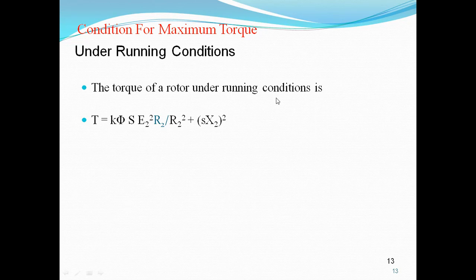What do we have to do to get the maximum? We have to differentiate the torque T with respect to the variable. In this case, what is the variable? S is the variable. Why? Because S, the slip, changes with speed. So we have to differentiate dT by dS.